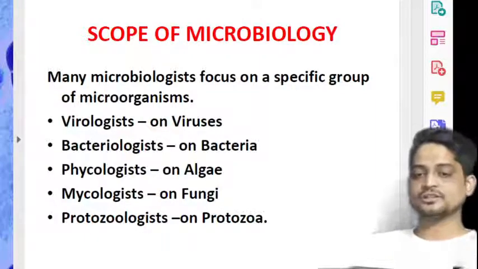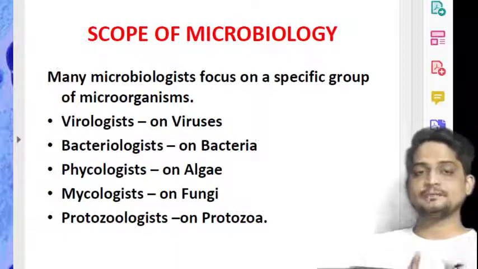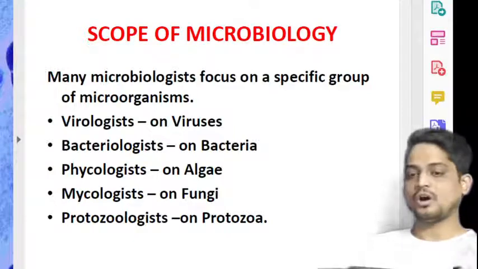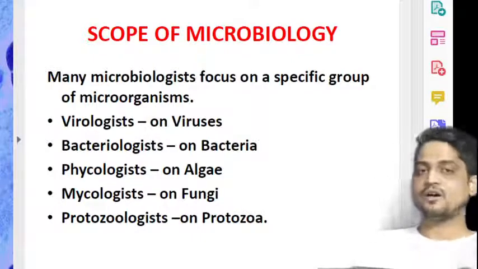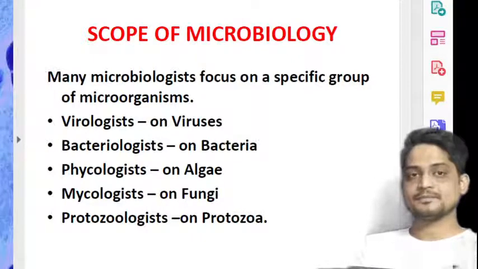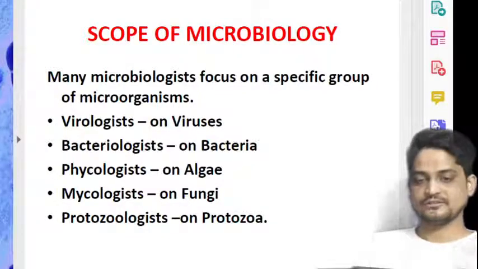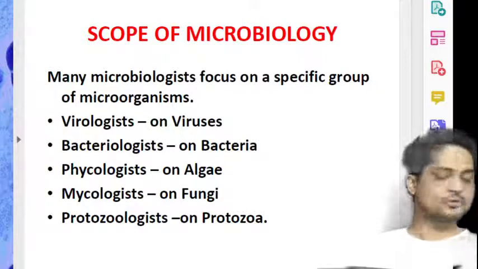Like virologists, they study viruses, so their main focus is on viruses. Bacteriologists on bacteria and phycologists on algae. When we talk about fungus or fungal related products, we focus on mycologists. We say them mycologists. And protozoologists on protozoa.